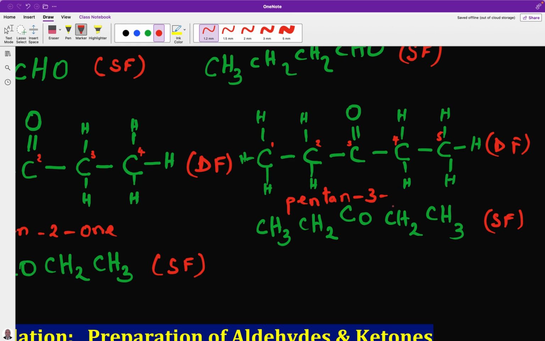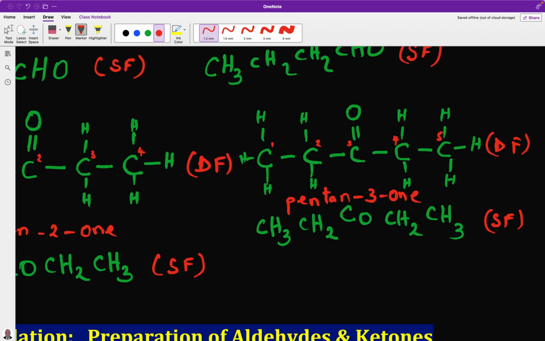The names of ketones end with -one. Well, this is the IUPAC system of nomenclature. You can call it pentanone, it's okay. But for systematic naming, using the IUPAC system of naming organic compounds, you have to name it as pentan-3-one.